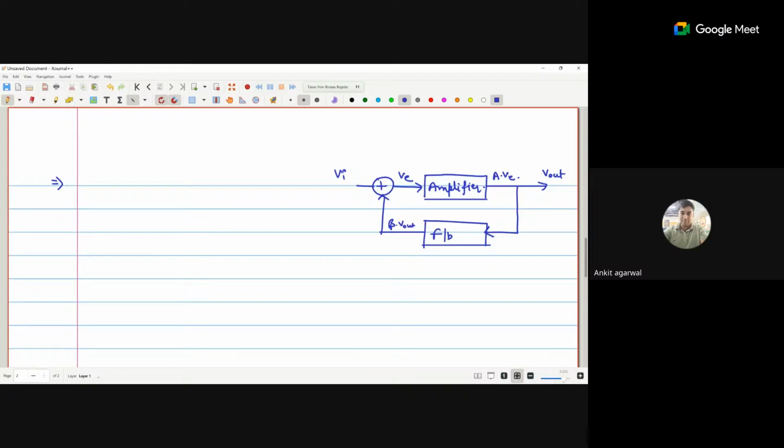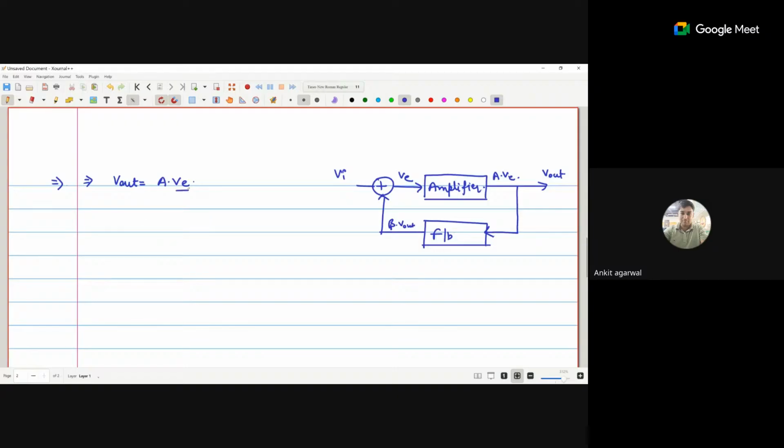So this question is given in the graded assignment, and now if we write the equations, we have two different equations. One equation is what? V out is equal to A times VE. Okay, this is the first equation.